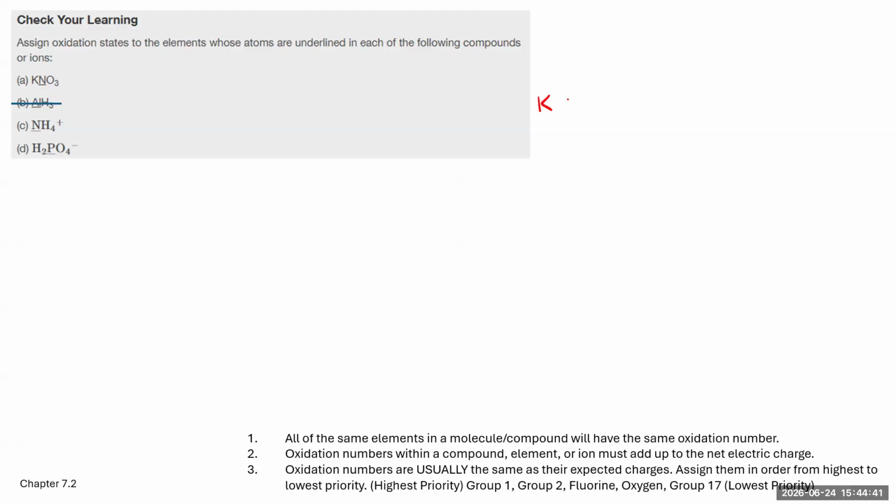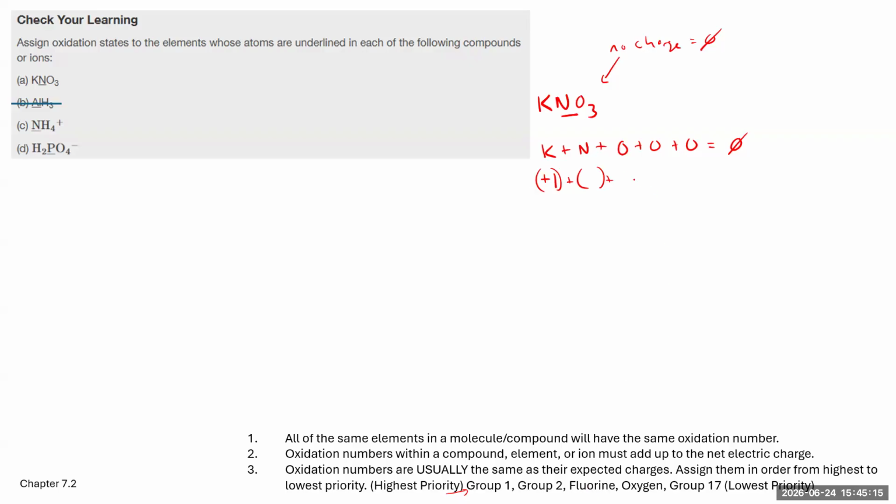Potassium nitrogen O3. There's no charge, so it's 0. So potassium plus nitrogen plus oxygen plus oxygen plus oxygen has to equal 0. Let's assign priority first. We run into group 1, which is potassium, so it's going to be +1. Nitrogen, we don't know.